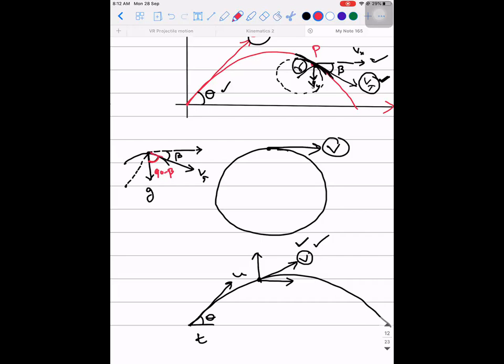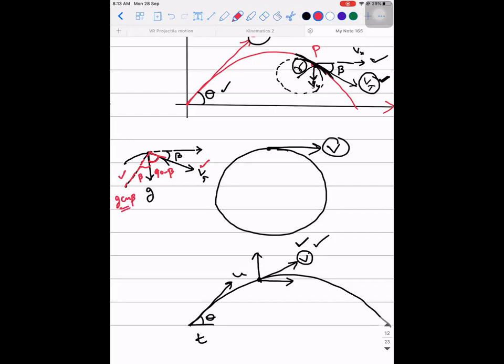And remember, Vt and this component are perpendicular to each other, because this is tangential and this line is normal. When that is the case, how much will this angle be? Beta. Yes.